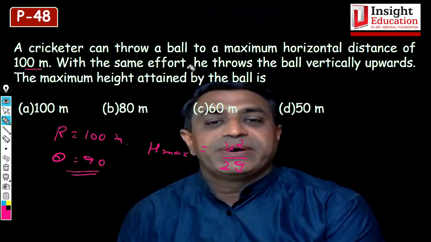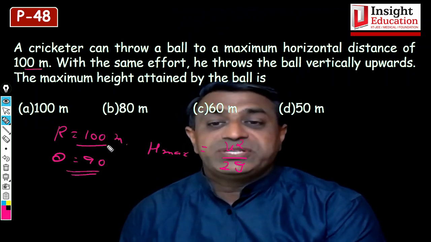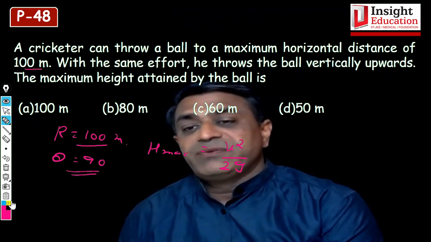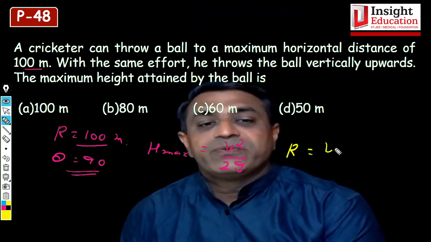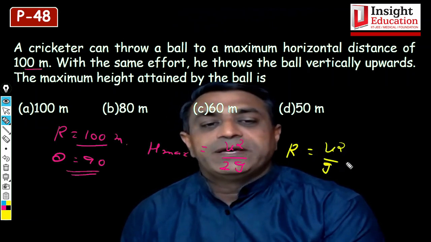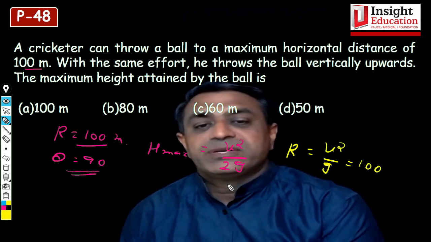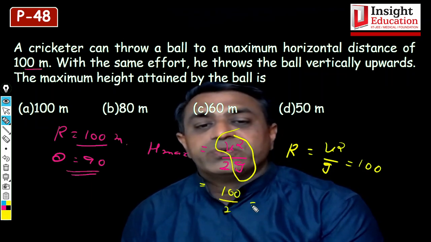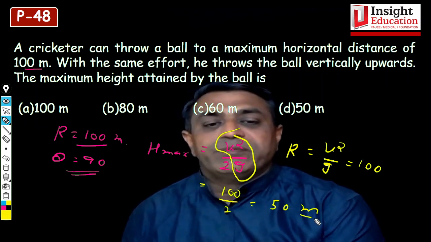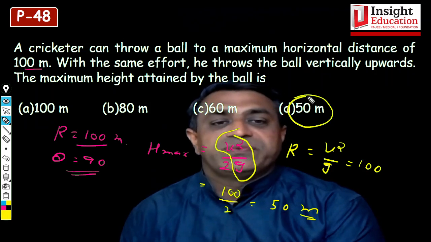Now u is not given, but the range is given. So from the range we can calculate h maximum. R maximum is equal to u square by g, and that is equal to 100. So directly here we can replace u square by g with 100. So 100 by 2 means 50. The answer is 50.